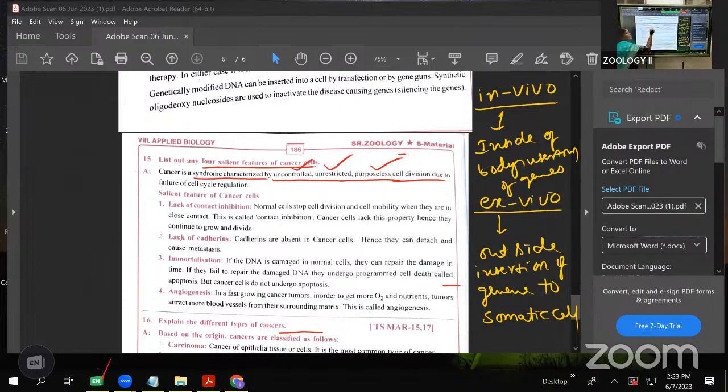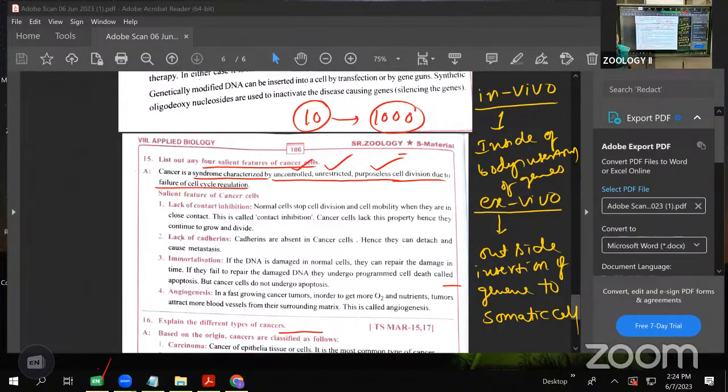For example, instead of 10 cells forming, 1,000 cells are forming after the cell division. That causes the tumors that is called cancer. This is due to the failure of cell cycle regulation.